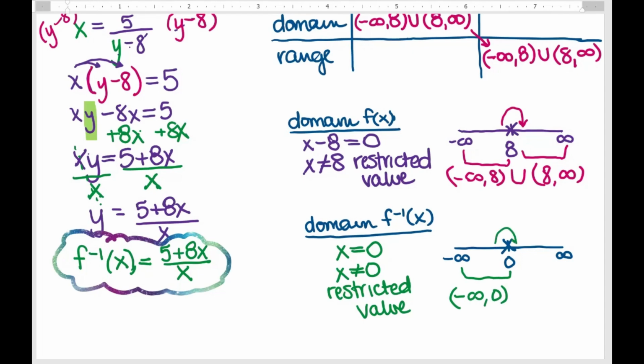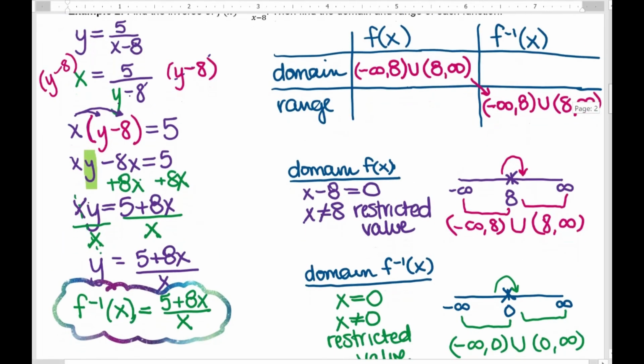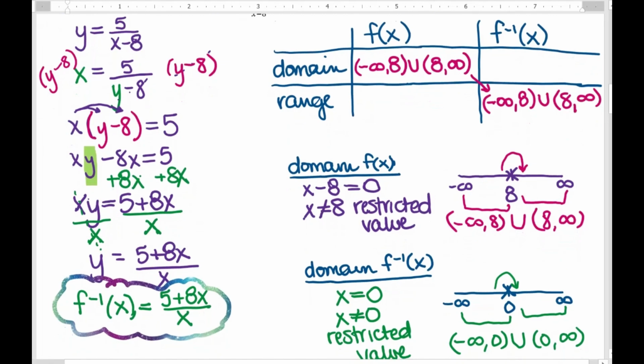We need to jump over the 0, the crack in the sidewalk, which means we need that jump rope. And then we have 0 on up to infinity. We just found the domain of the inverse. We said it was negative infinity on up to 0, union 0 on up to infinity.